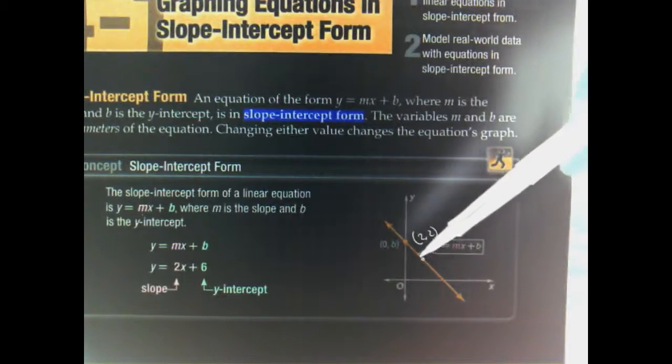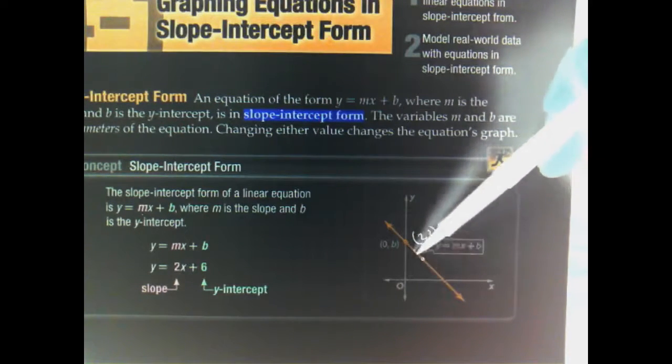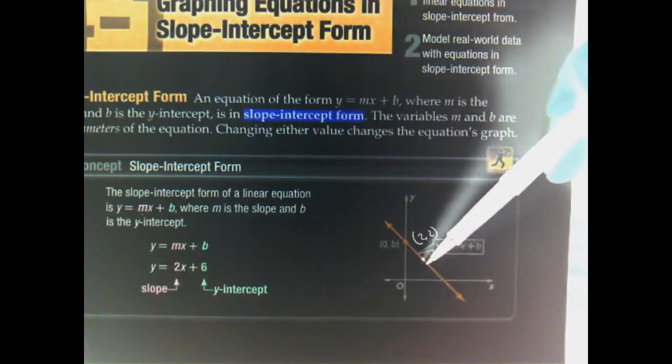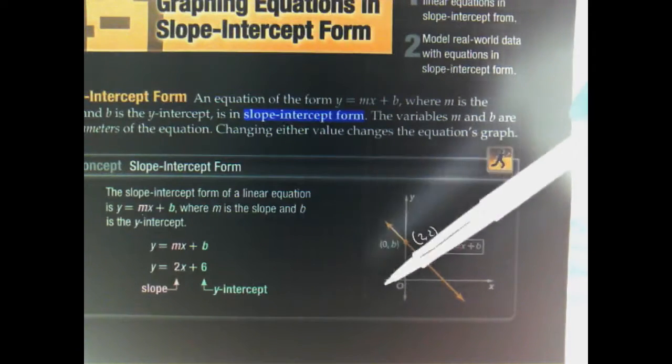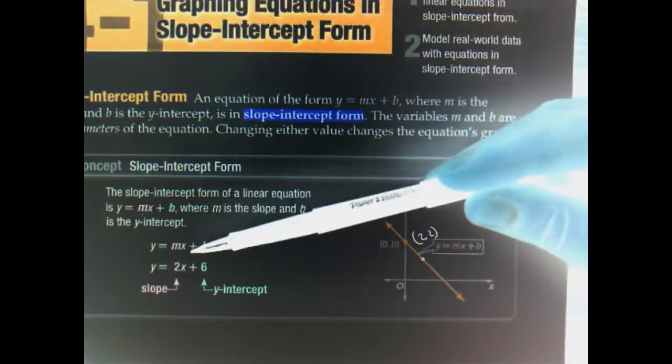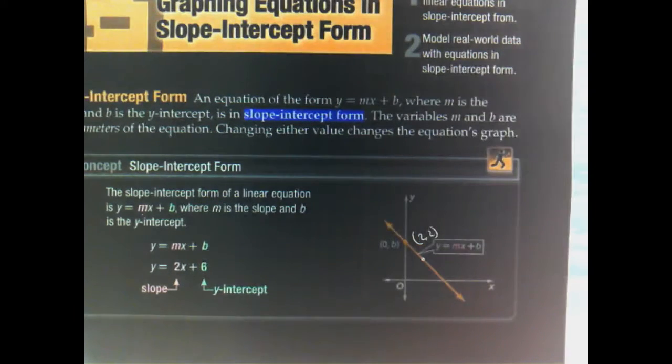In addition, the real power of an equation is not that I can find easy answers, it's that I can find difficult answers. It's easy to see that this would cross at 2 comma 2 or wherever it does, but it's difficult to see where y would be if x was 2.73. So that's where the real power of an equation is. So you need to leave y and x in there.